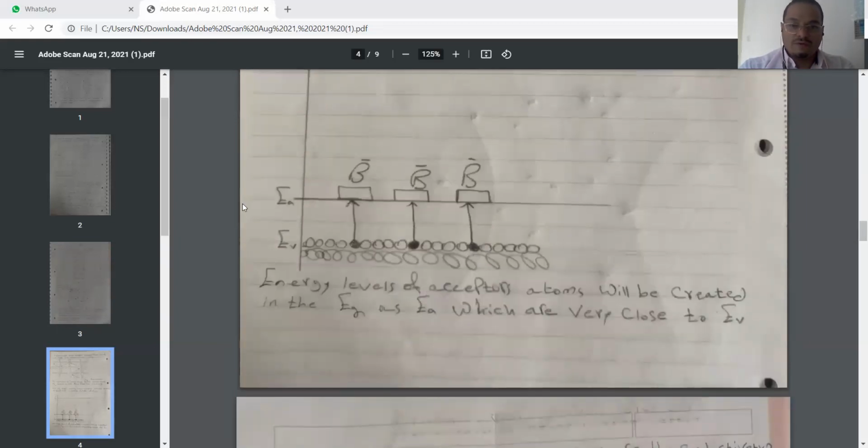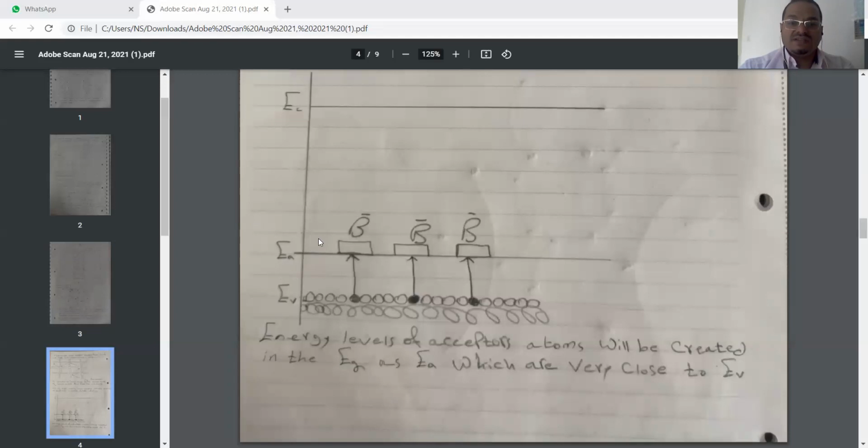Let's focus on this. Here, what does EA mean? EA means the acceptor energy band. And we face here a condition: this acceptor energy band must be near the valence energy band. No way around this fact. EA must be near the valence energy band.